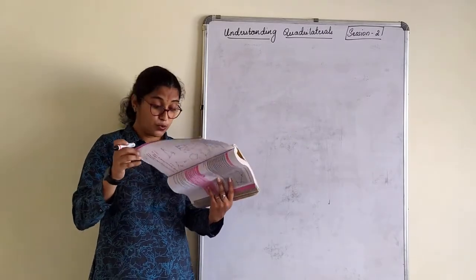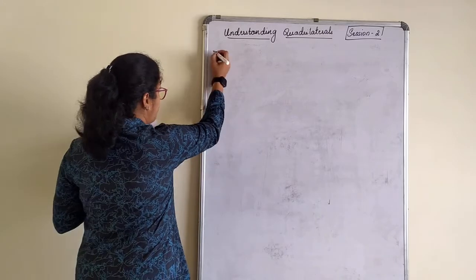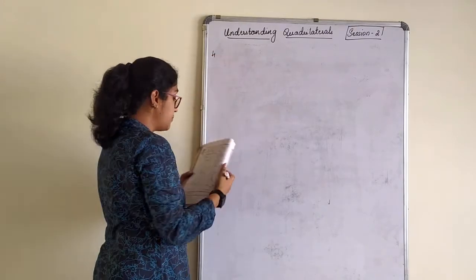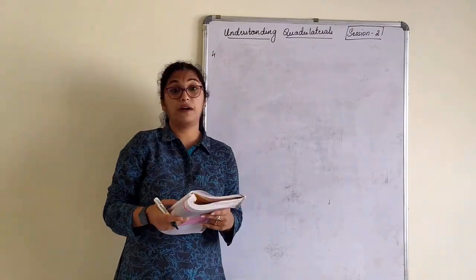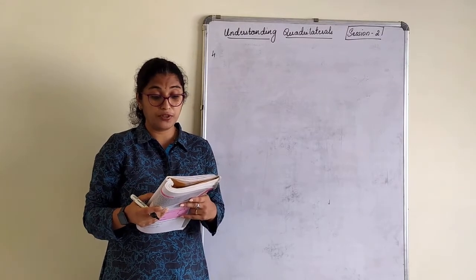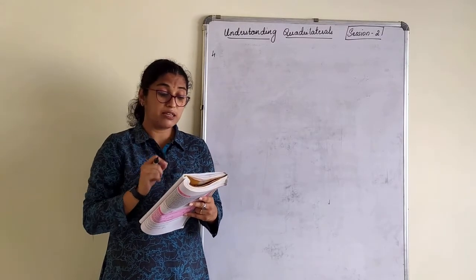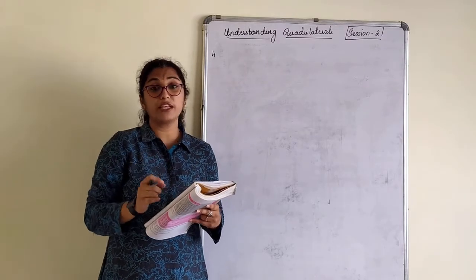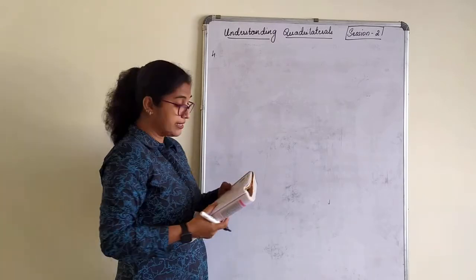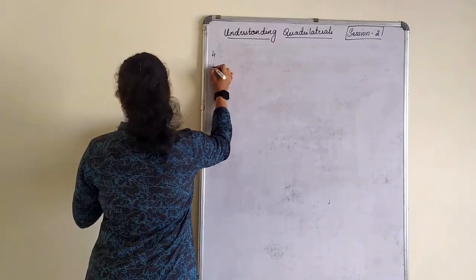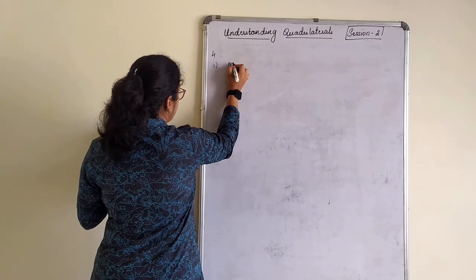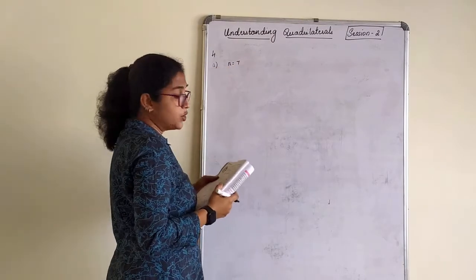So that is your question. Question number 4 is written as, what can you say about the angle sum of a convex polygon with number of sides? Let's start. First one, we will directly take n is equal to 7.